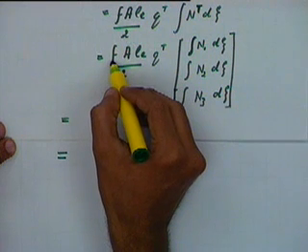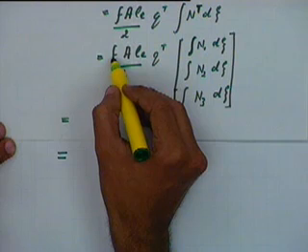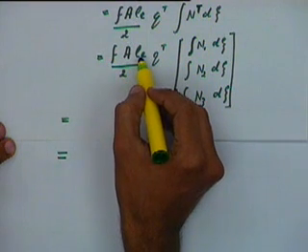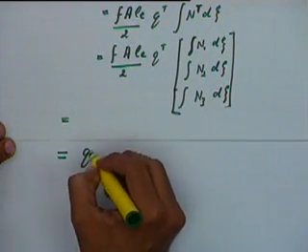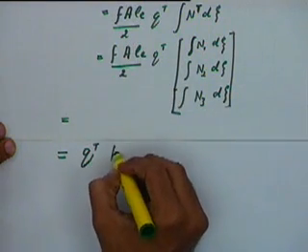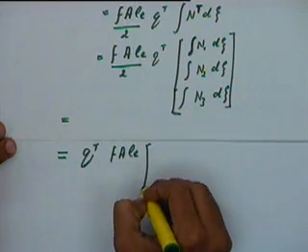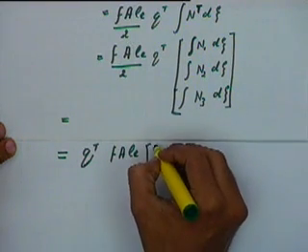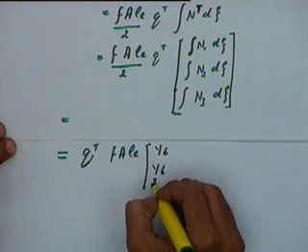F is the unit body force acting on the element, force per unit volume. A into LE is the volume of the element. So, this will come out to be equal to Q transpose multiplied by this term, that is F into A into LE, and then inside we get three terms which will be 1 by 6, 1 by 6 and 2 by 3.